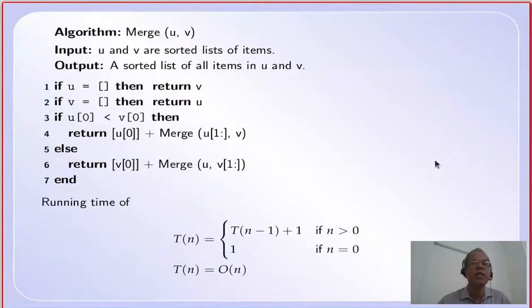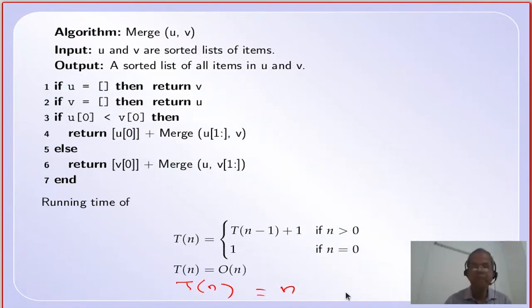I am only repeating this algorithm. We have a linear time algorithm for merging two sorted lists. The recurrence was T of n minus 1 plus 1, and therefore it is big O of n. Or simply I say merging two sorted lists can be done in time n.